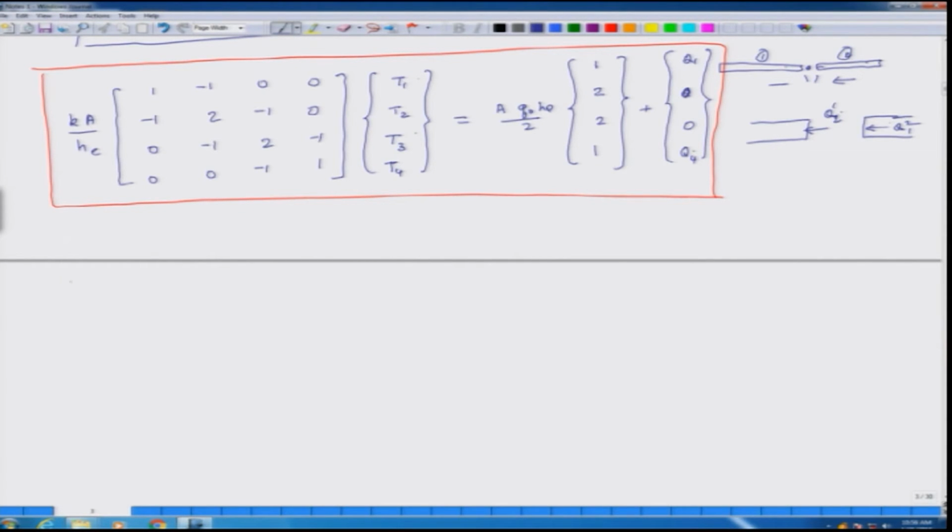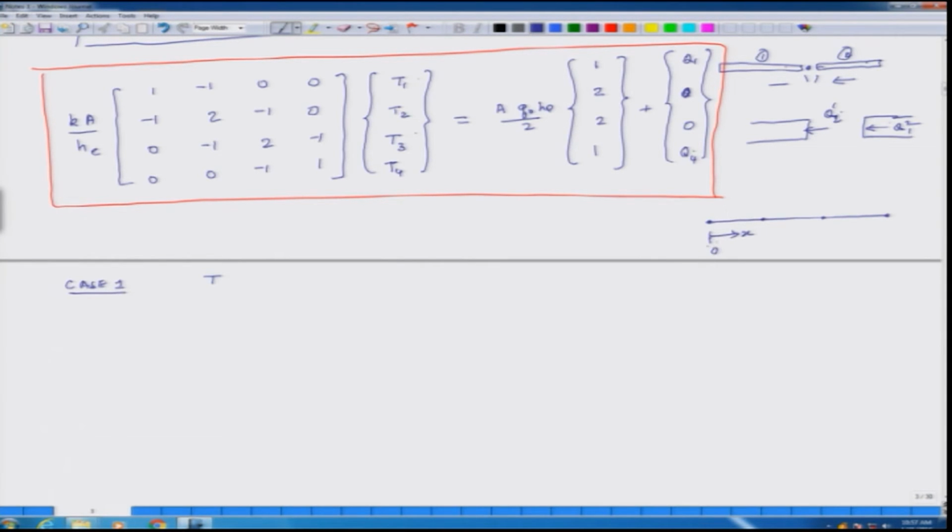In case 1, this is my overall bar which I have broken into 3 elements, right, and here this is my global degree of freedom. This coordinate is x.